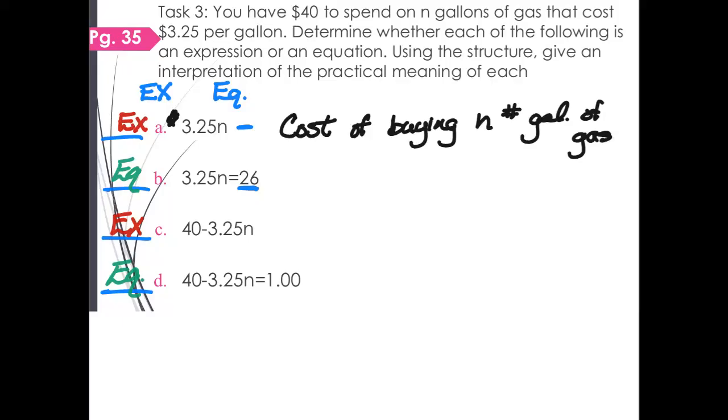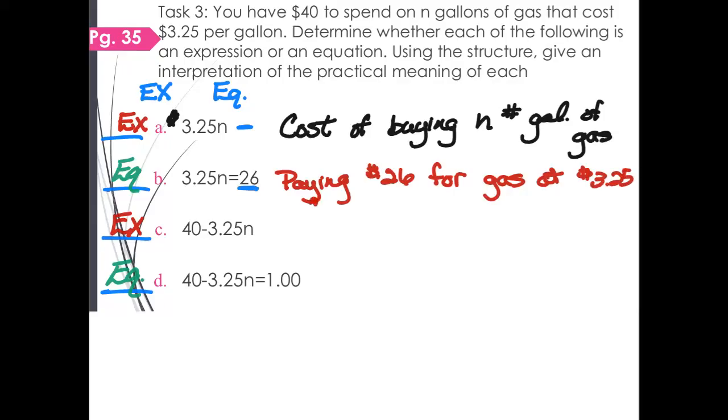Okay. So essentially, and there isn't one right way to do this, I would say something like we are paying $26 for gas at $3.25 per gallon to get n number of gallons of gas.